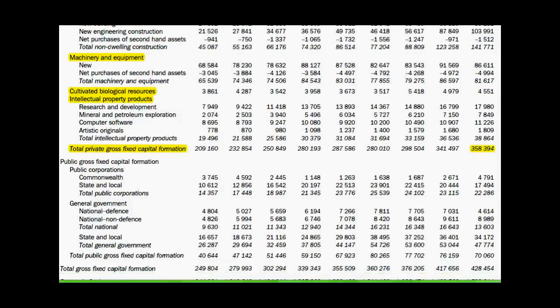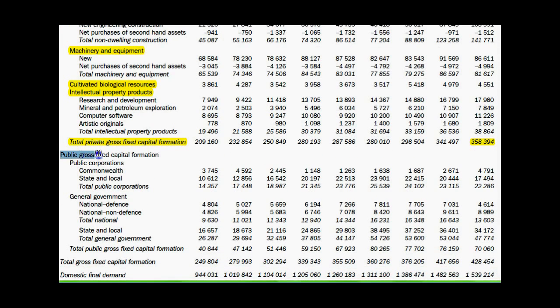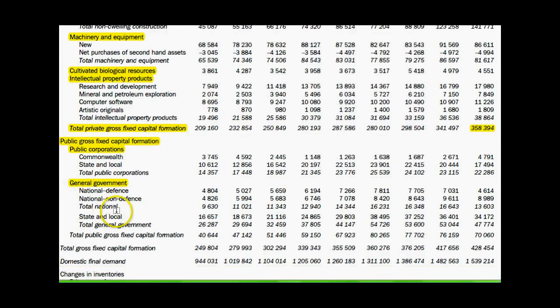Private investment expenditure, that is. And the next expenditure category is public. This is government investment expenditure by corporations and the government in general, including state and local.